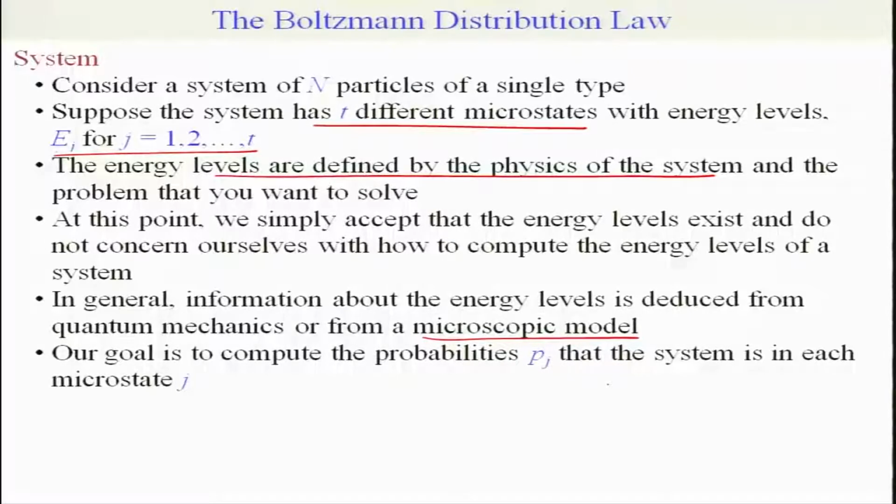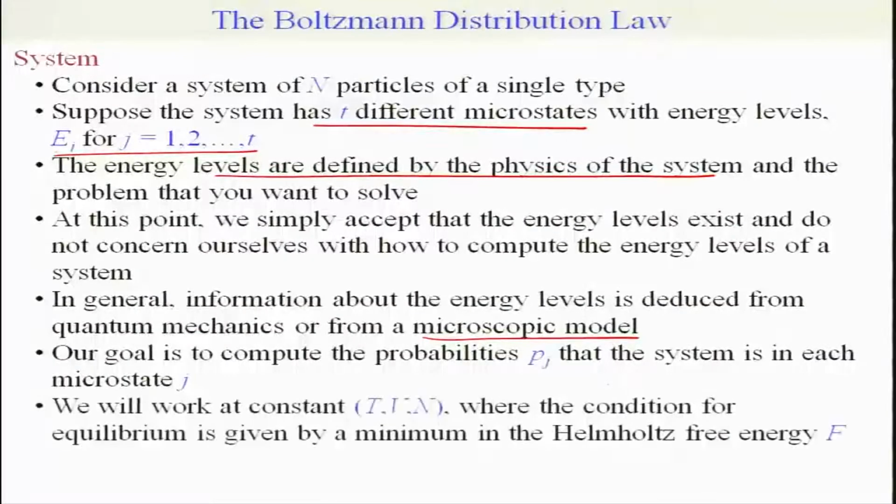Our objective is basically to compute the probability of a given state that the system has, that means the probability that the system is in each microstate j. So, once we have Pj, we should be able to calculate many different properties.